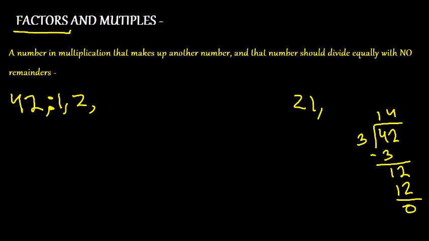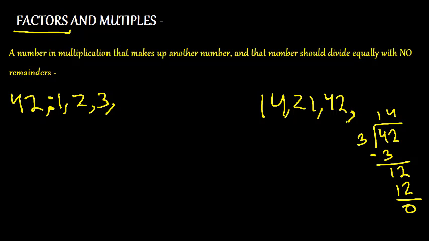So that means 3 is a factor of 42, and so is 14. You put it in order, so that's why I'm putting the bigger numbers on this side and the smaller numbers on this side. And 42 would also be a factor of 42 because it's obviously the same number.